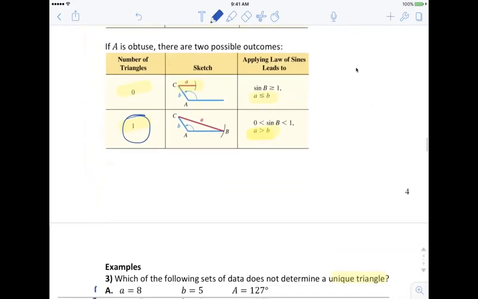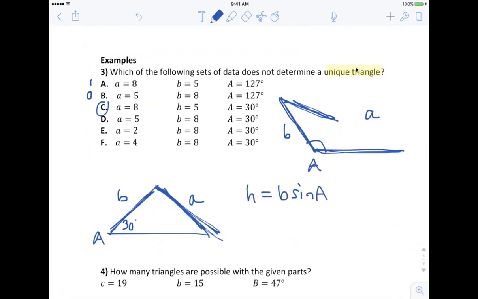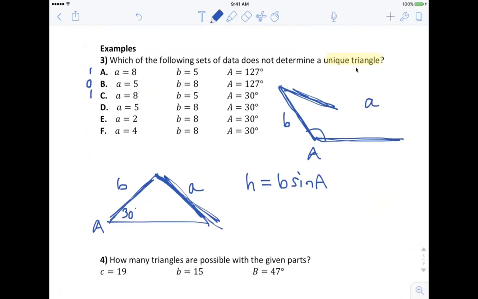Okay, so if that opposite side A is longer, you're going to get 1. So this one would be 1. For D, we've got it the other way around. So now A is the shorter one. A is 5. So if we have 5 here and 8 here, how's that looking?